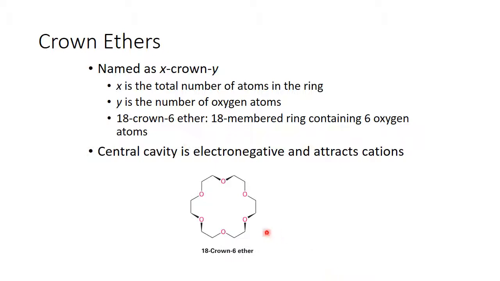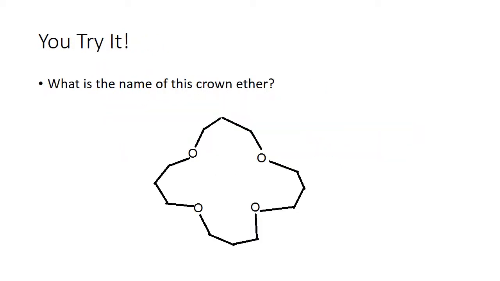So that central cavity of a crown ether has a lot of negative charge, and positive ions like to go and sit down inside them. But these positive ions have to be able to fit inside this ring perfectly in order to nest in there. And what we find is the size of the ring determines what ion can sit down inside.